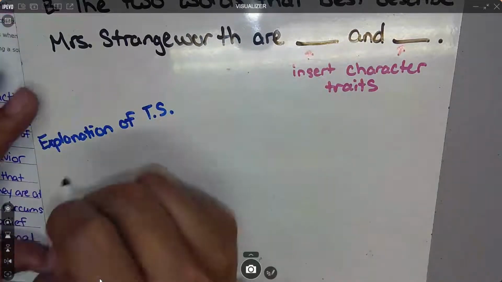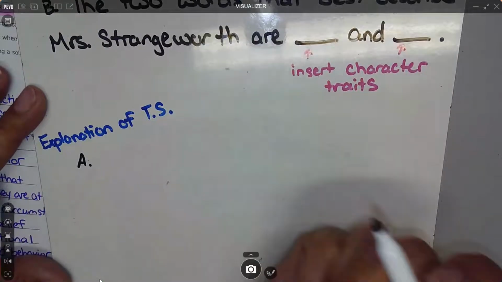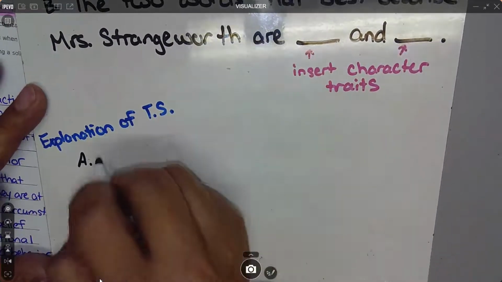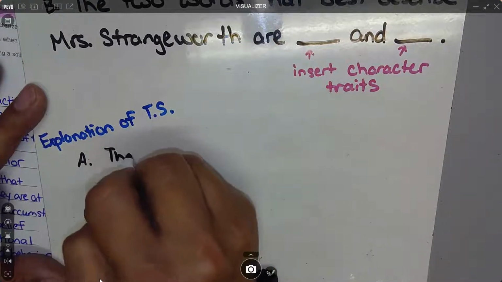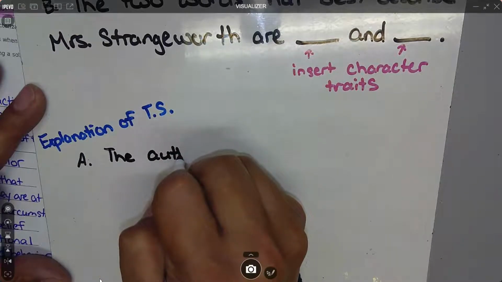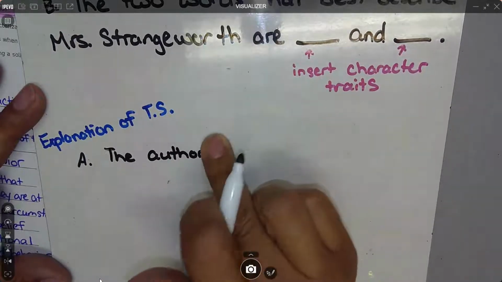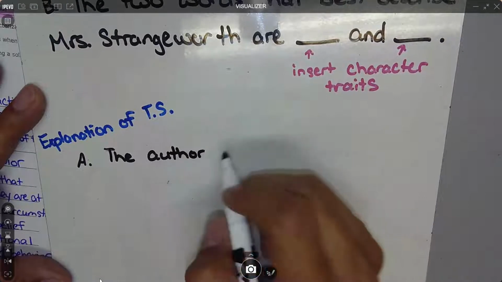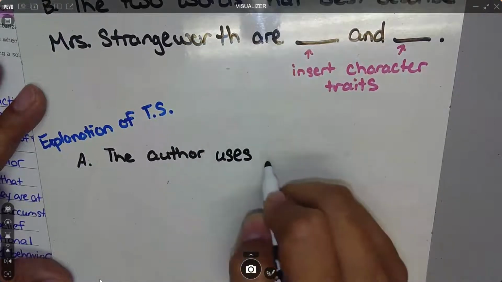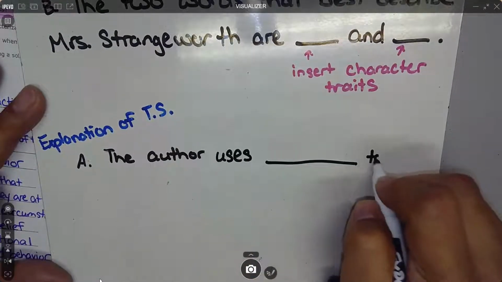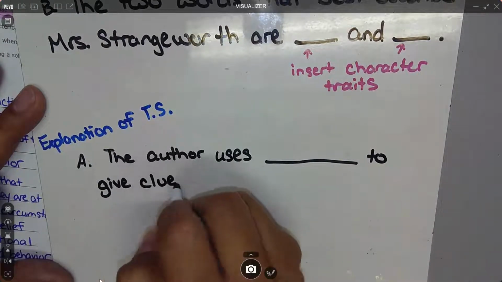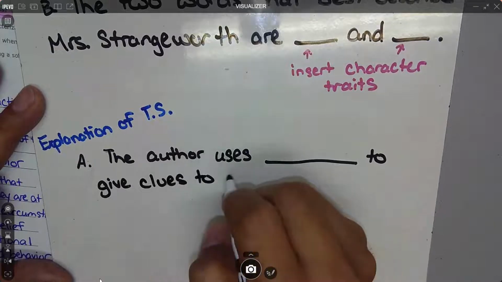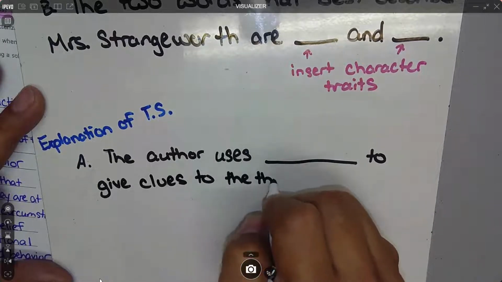So when we're talking about theme in your explanation of the topic sentence, you want to tell what the author uses in this story to give clues to the theme. So the author uses blank to give clues to the theme.